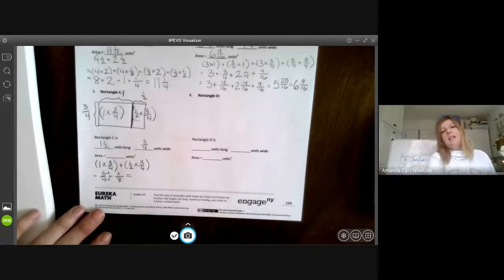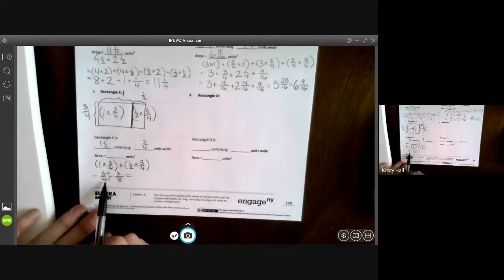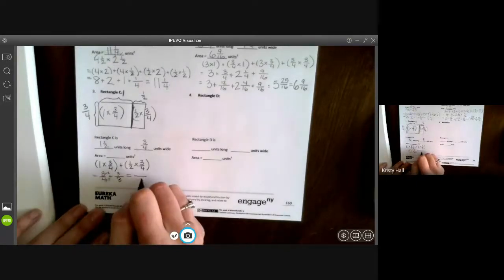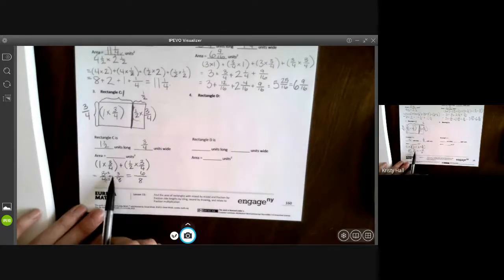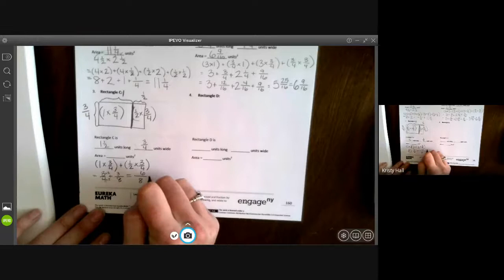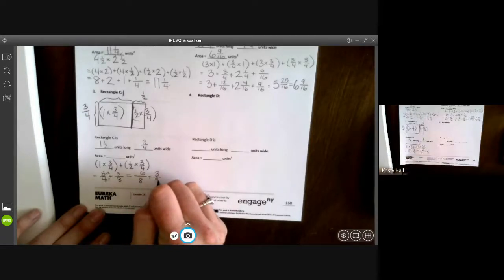So right now you're finding a common denominator. Yep, I'm finding a common denominator, so I'm going to multiply 3/4, both the 3 and the 4, by 2, because 4 times 2 will give me an 8. So 4 times 2 was 8, 3 times 2 was 6. This 3/8 I don't have to change, because now the denominators are the same.